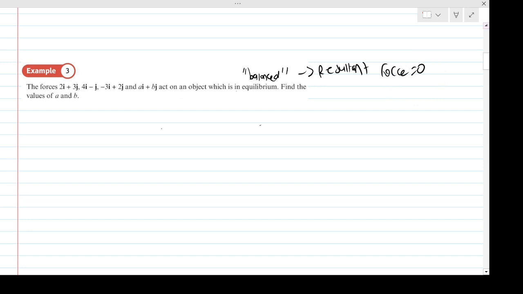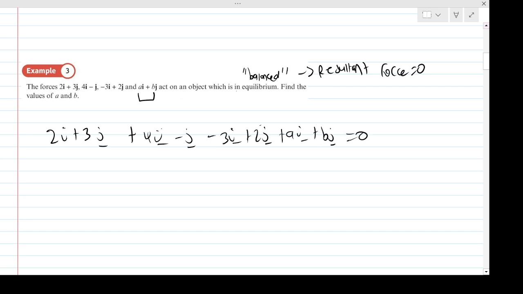So if I add all these vectors, 2i and 3j, add 4i minus j, then the next vector I add, minus 3i plus 2j, and then add this ai and bj, and then set it to 0. We need to add the i's and j's, right?